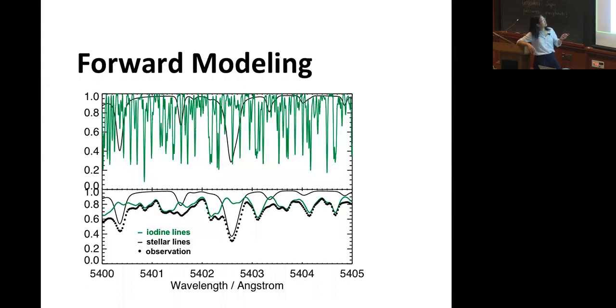So what you do is you shift your stellar spectrum according to your model for your Doppler shift, and then multiply those two spectra, and then convolve it with the spectrograph PSF, or line spread function, or line response function. There are many names for the PSF of your spectrograph. And you try to match this black dot, right?